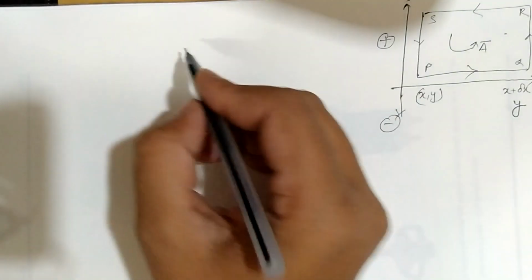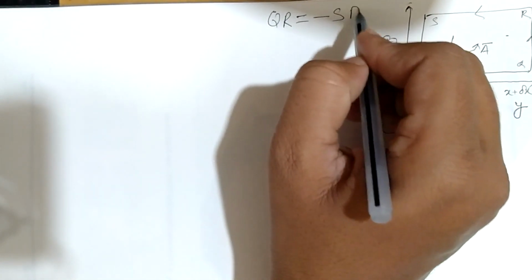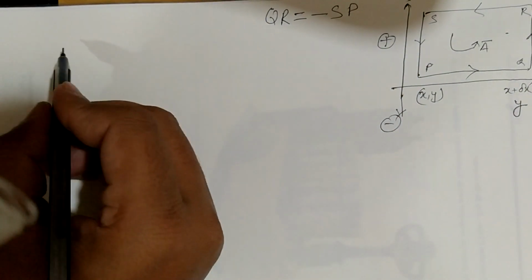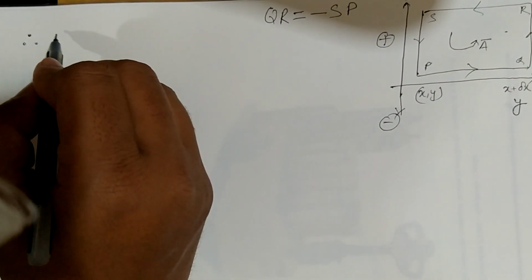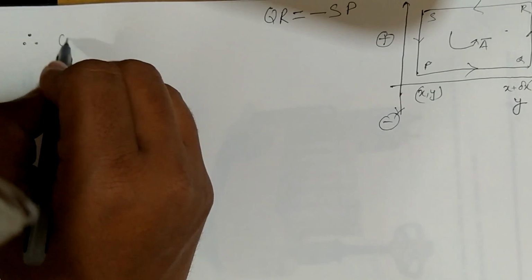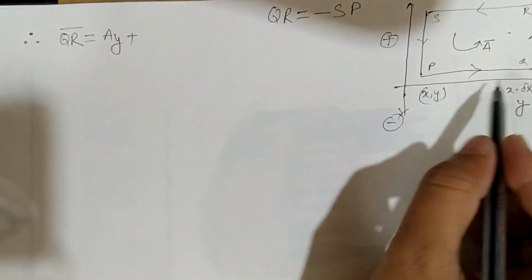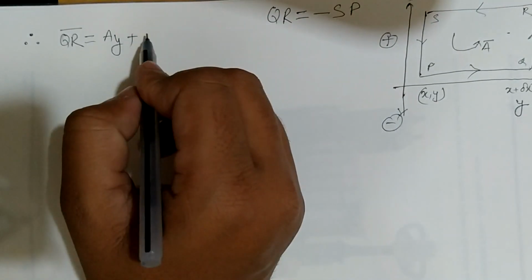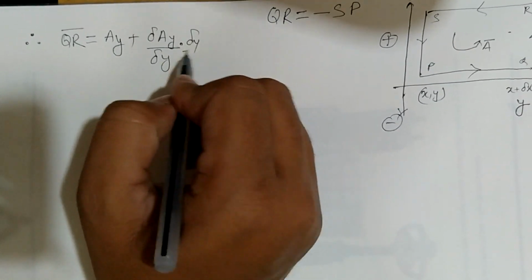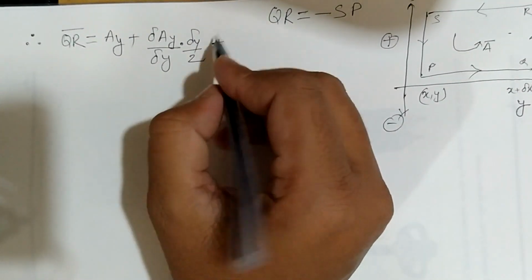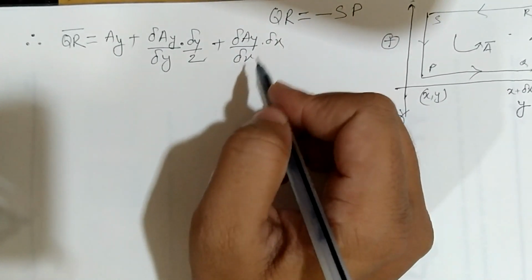So we can say that QR will be exactly the negative of SP, and considering from the previous side we can calculate QR bar equals Ay, because we are traveling along the y axis, so Ay plus delta Ay by delta y into delta y by 2 plus delta Ay by delta x into delta x.